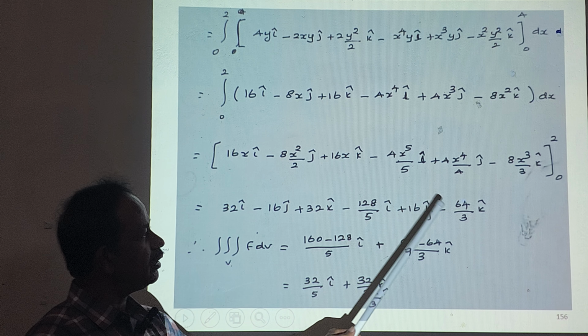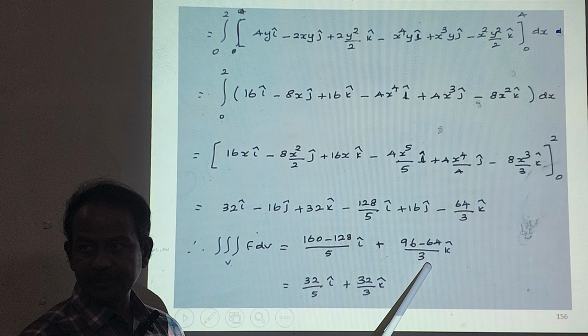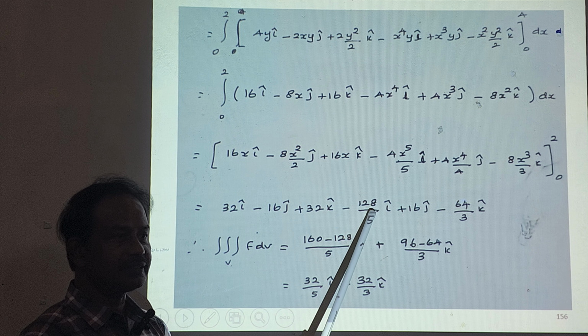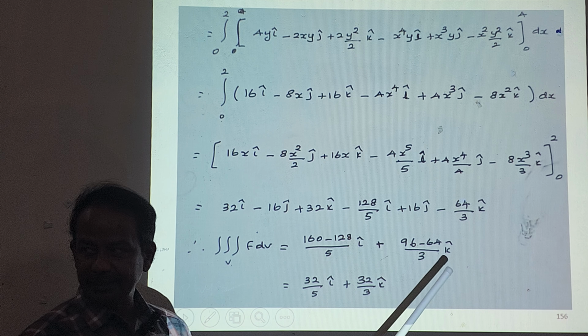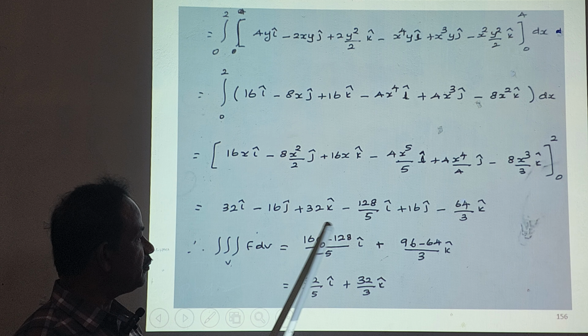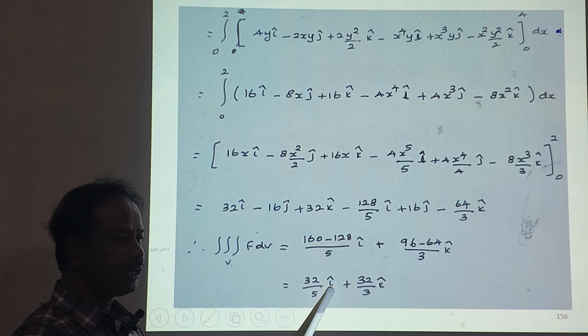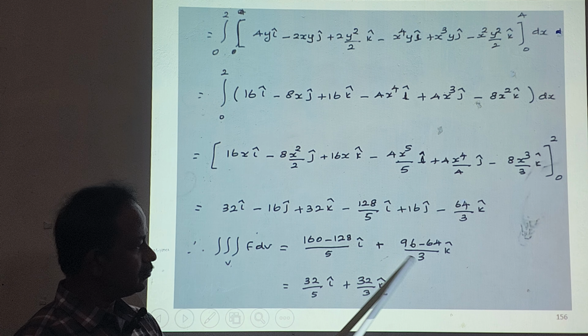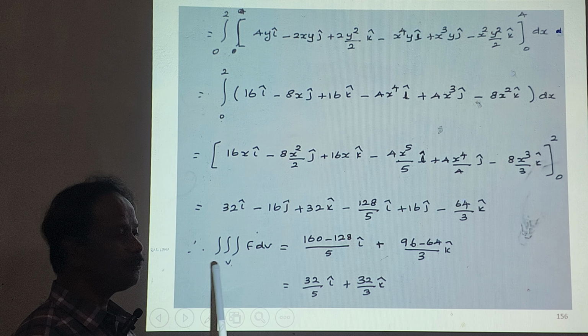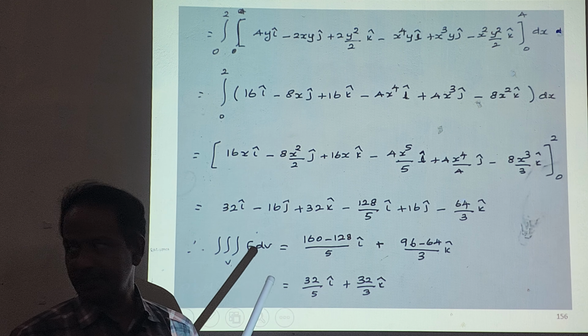So we have 32k minus 64k. Take the LCM. So there is no jth component. We have only ith and kth components. So simplifying, that will give you 32 divided by 5 i vector, 32 by 3 k vector, which is nothing but the answer for the volume integral.